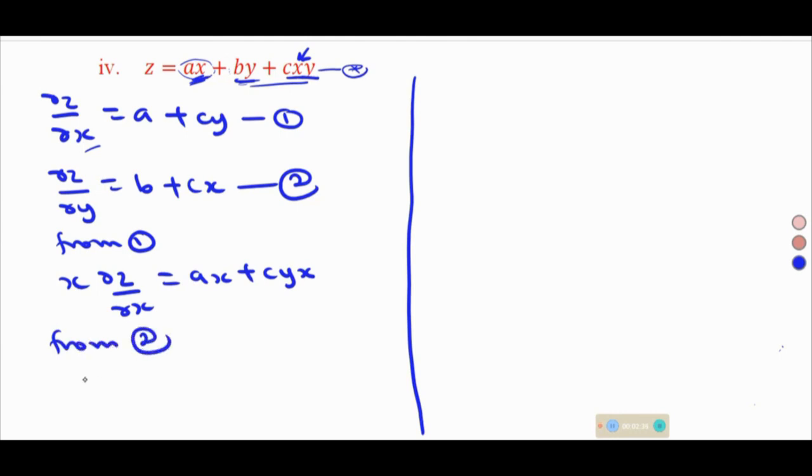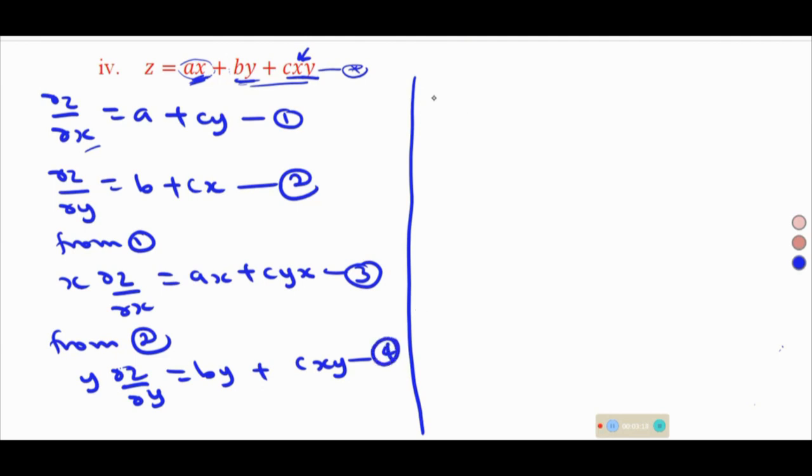From 2, similarly, I can say y del z/del y is the same as by plus cxy. Now I can call this one equation 3, and this one equation number 4.